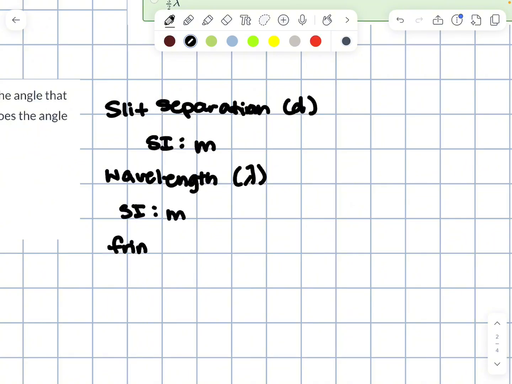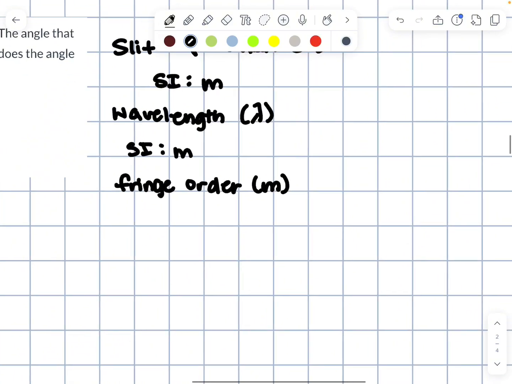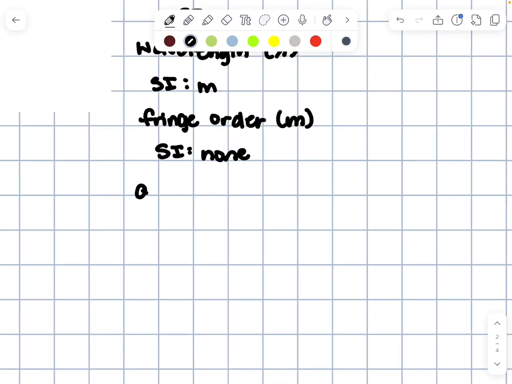Then we have the fringe order, which is seen as m. And that just shows us what bright line is being targeted relative to the center. The SI unit for this: there's none, no units. And then last we have angular position, which is represented by theta, and this is in radians.